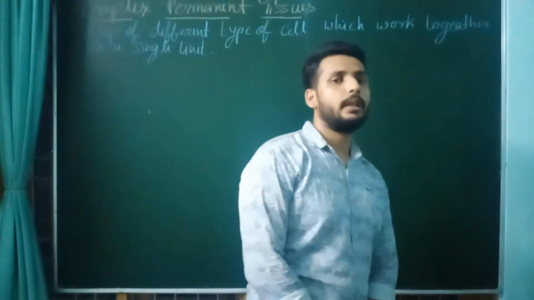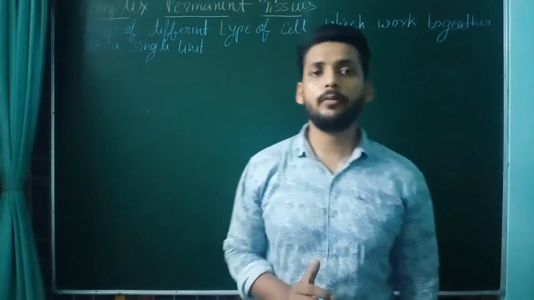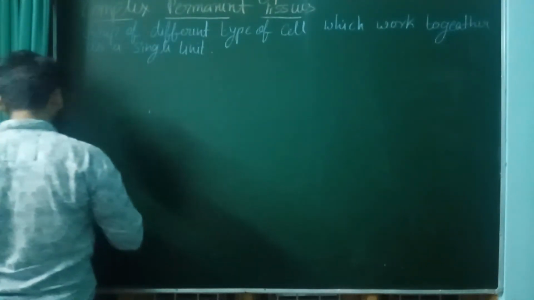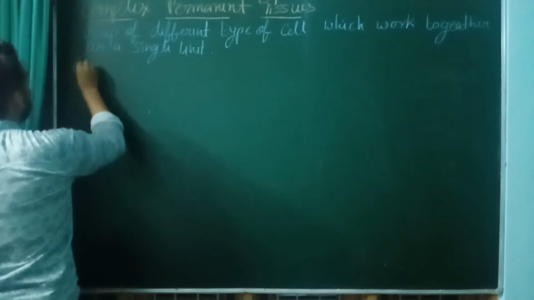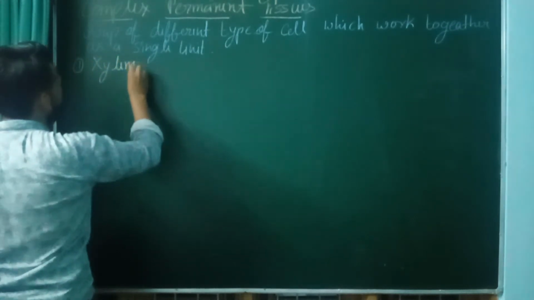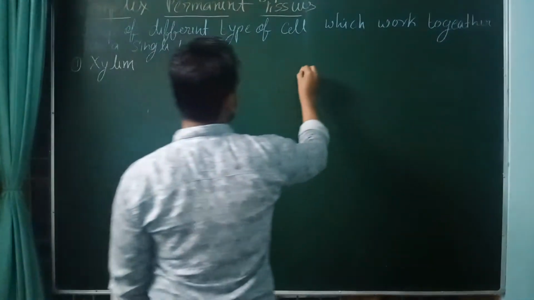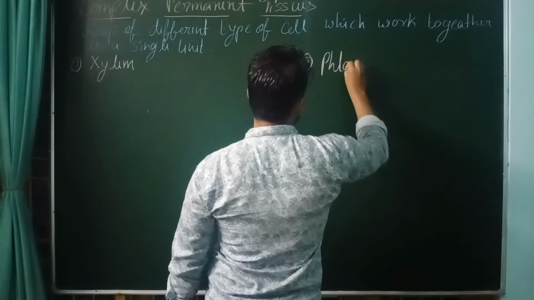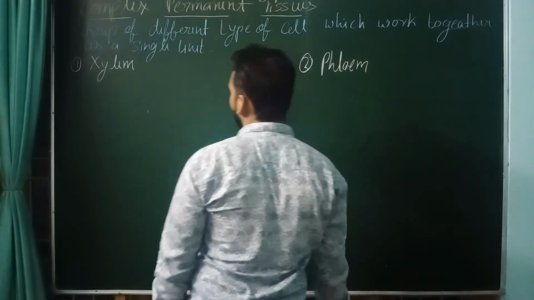Now, there are two types of complex permanent tissue. One is xylem and another is phloem.